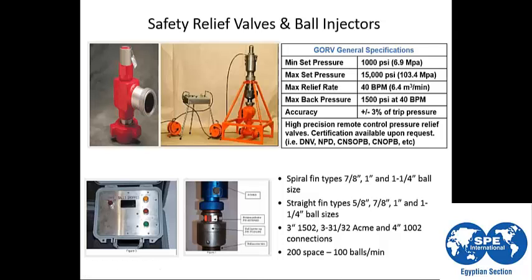It is designed with a spring, and from the top here you can adjust the spring power or spring position to set different values for opening the port to relieve the pressure. The other type is called GORV. GORV uses a nitrogen chamber in the top of the valve to set the required pressure to open the relief valve.